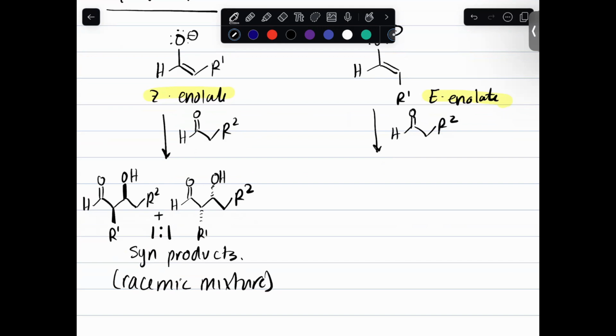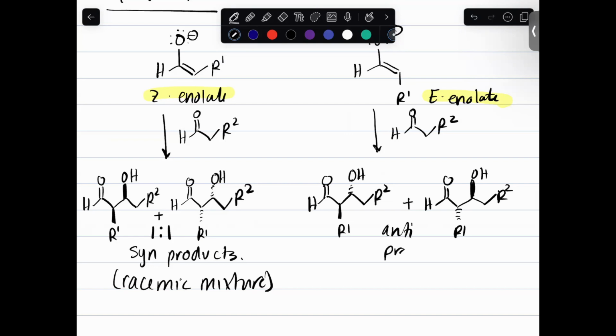Okay. Your E-enolate is going to give you, not surprisingly, your anti-products. And I'll draw out both anti-products. And the E-enolate is going to give you the anti-products in a 1-to-1 ratio as well, also a racemic mixture.